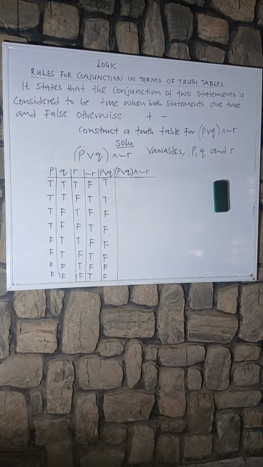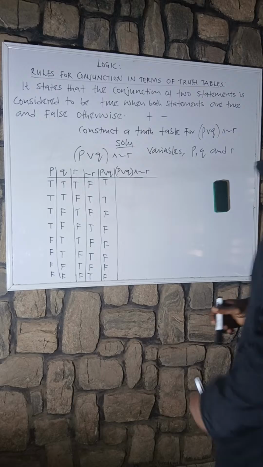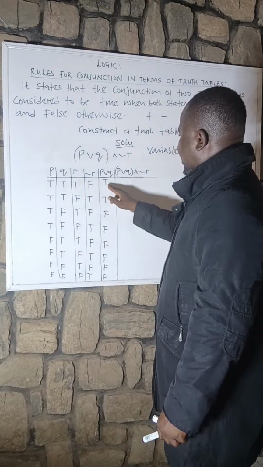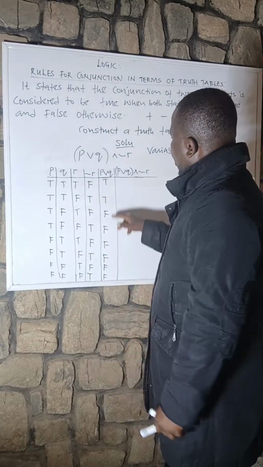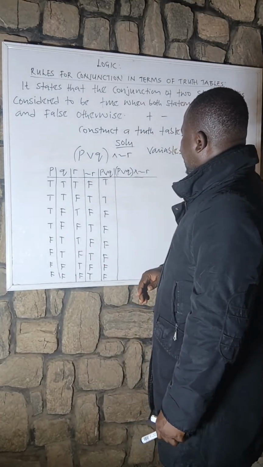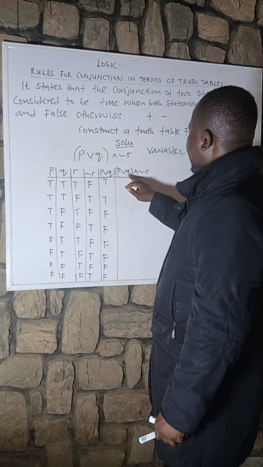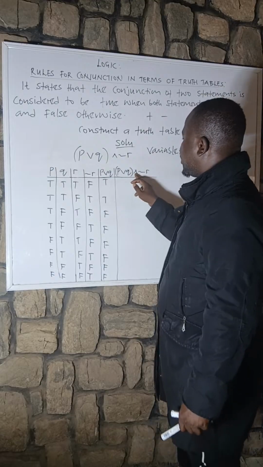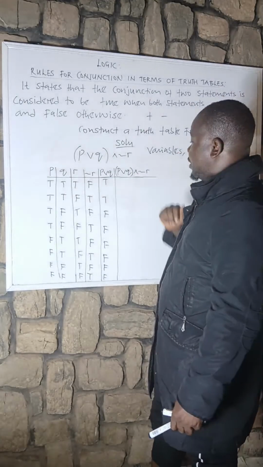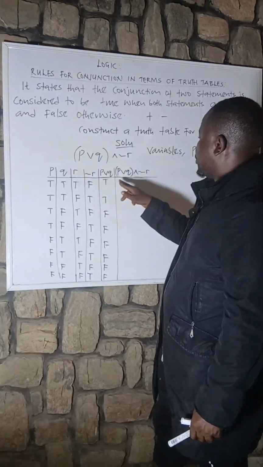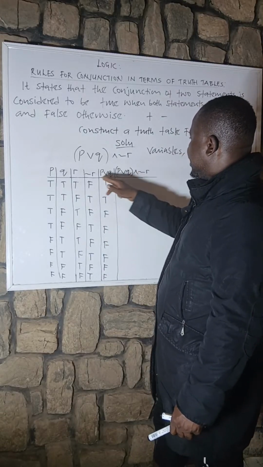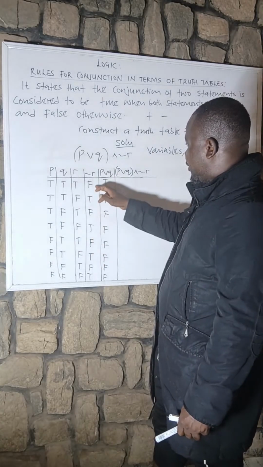So let's proceed to consider this. As you can see now, we are talking about this subject and this subject. What is in between them is the disjunction. So what we consider is this column and this column. Take note, this and this.